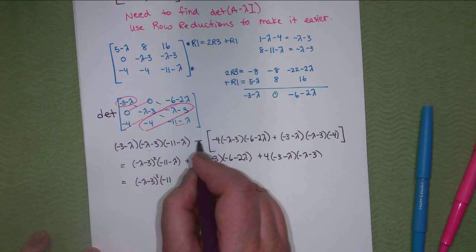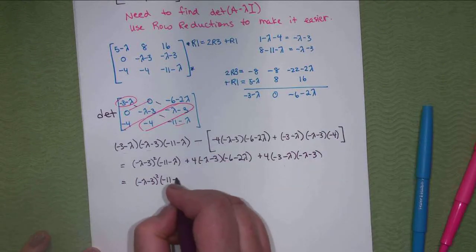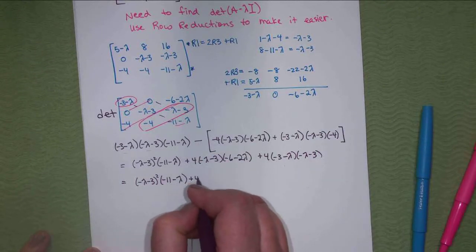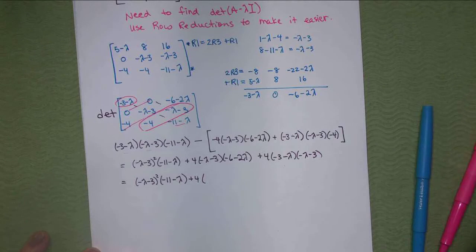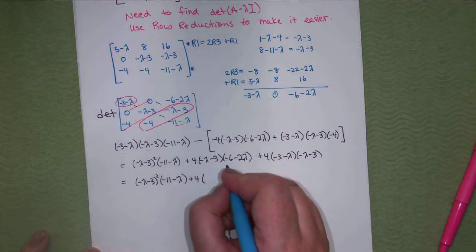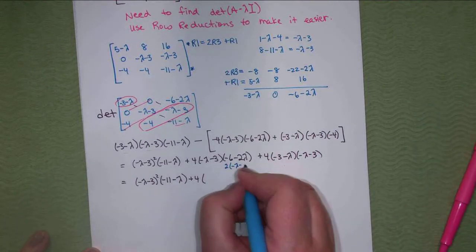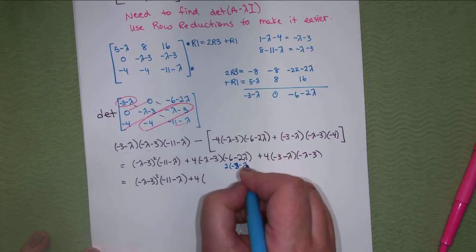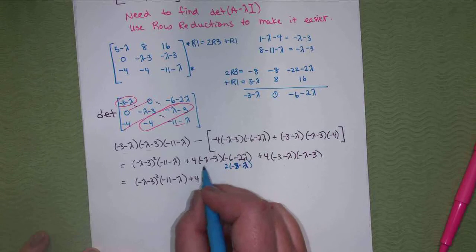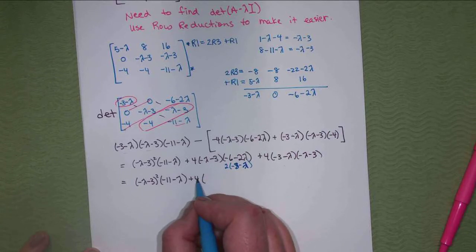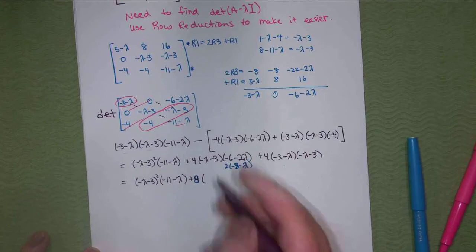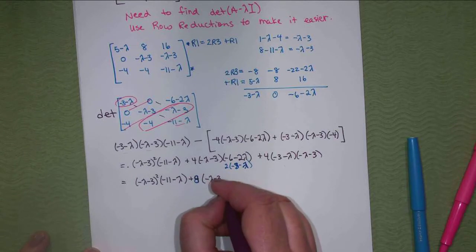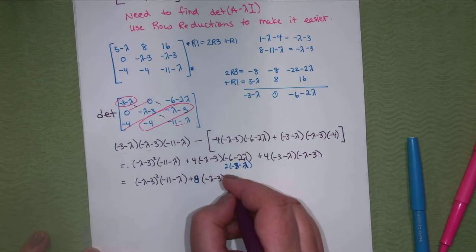Well, all I did here is get rid of that bracket. 4, what is this? 2 times minus lambda minus 3, or minus 3 minus lambda? If I factor out a 2, it's another one of these. So what could I change the 4 to? 8. Minus lambda minus 3 and another minus lambda minus 3.